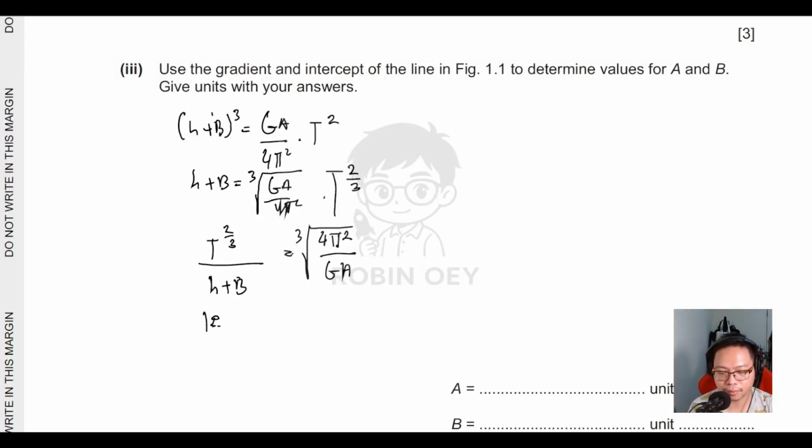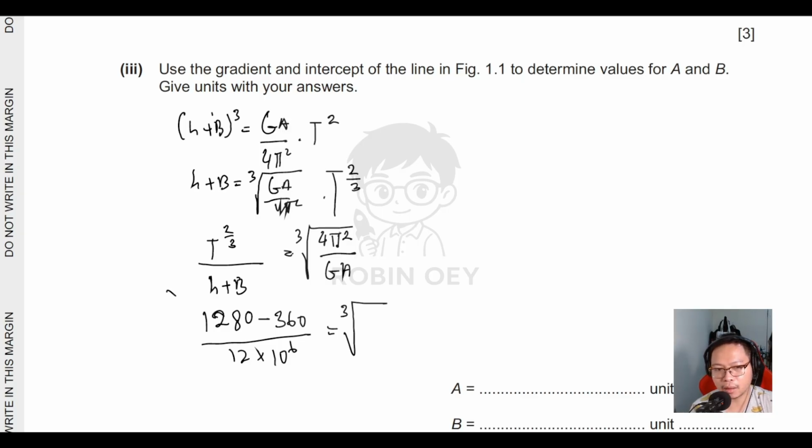The first one is 1280 minus 360 over 12 times 10 to the power of 6. That would be equal to the cube root.